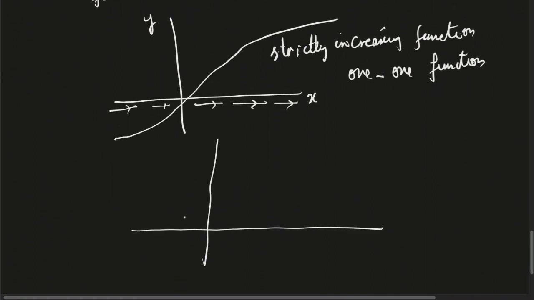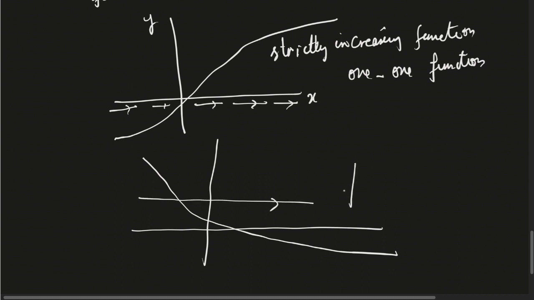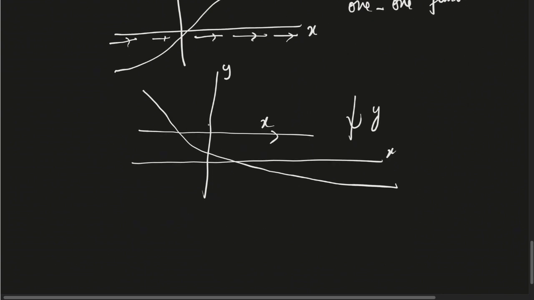This means that when we increase x, y will decrease. You can take this function to be such a function. See, when we are increasing x, y is going down. In this case, you can see that when x is being increased, y is going down.